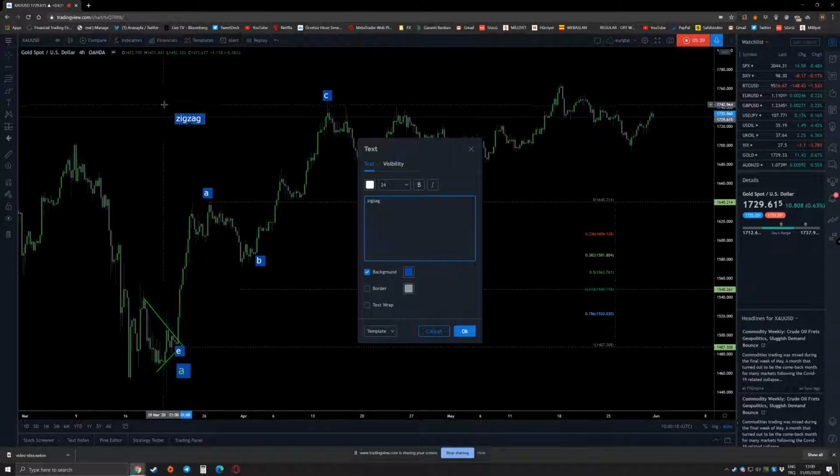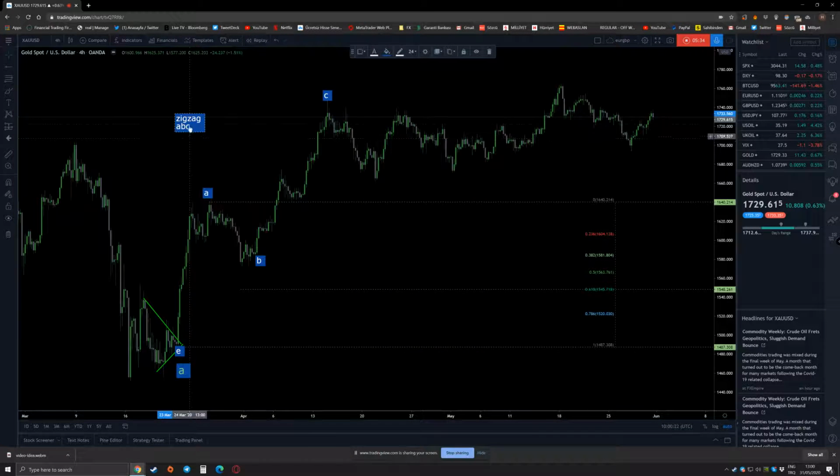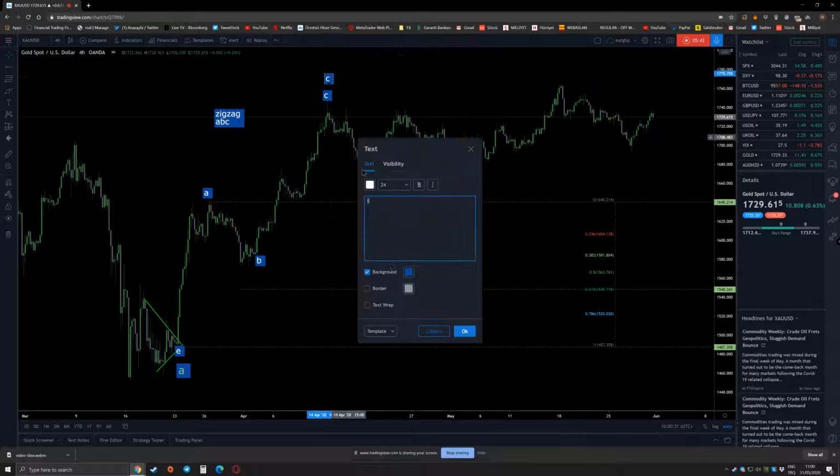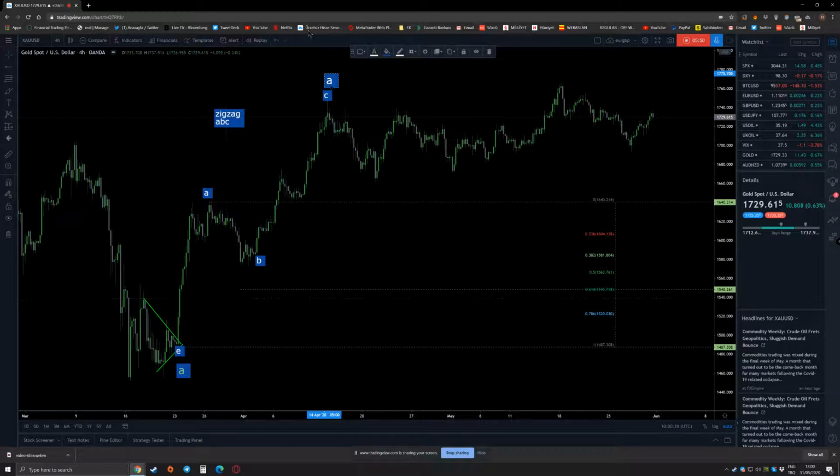Because of the wave B retracement level, we know that this pattern is called a zigzag. We have A, B, and C. Now, after the zigzag, we should understand if this wave A, B, C has ended something on a bigger degree, because this is a corrective wave, actually of the same degree as this one, wave A, or not.